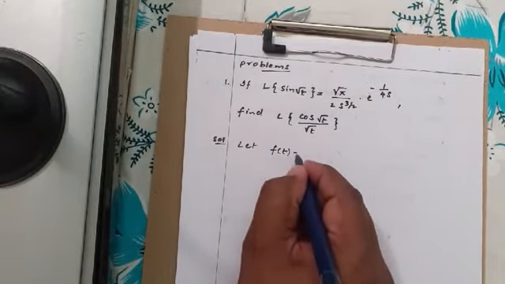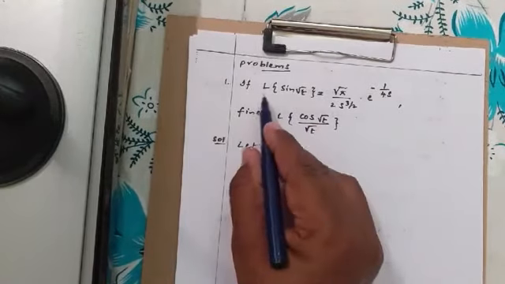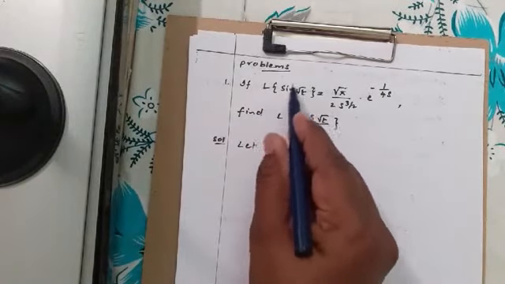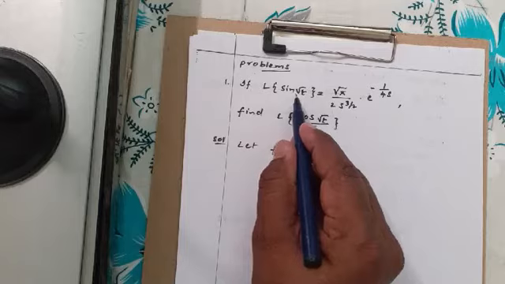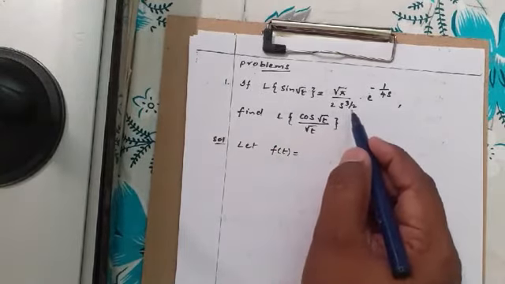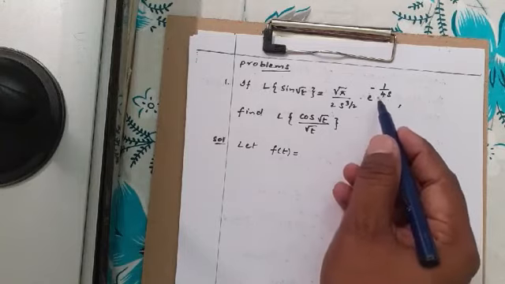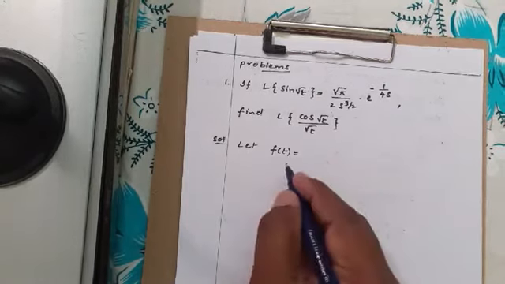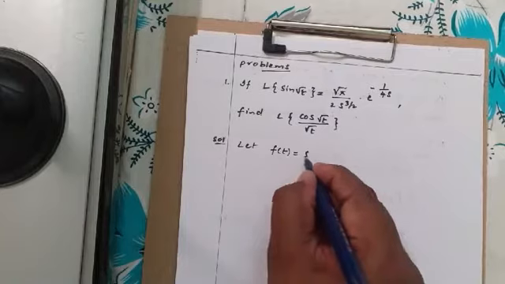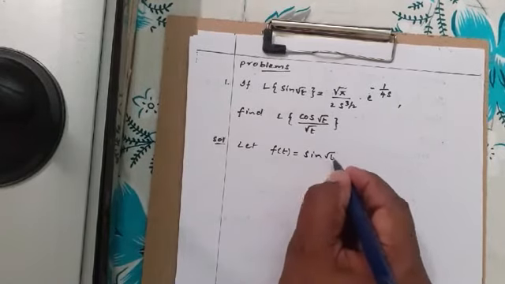What is f of t first? It is given in the problem. L of this, which should be considered as f of t, is equal to root pi by 2s power 3 by 2 into e power minus 1 upon 4s. So here f of t is nothing but sine root t.